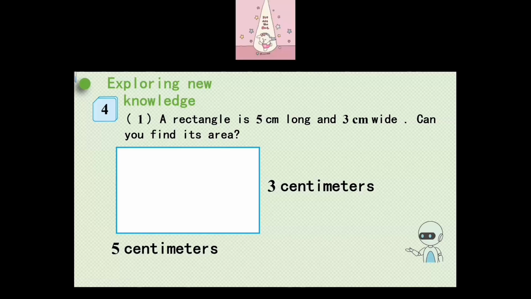Draw a grid and count row by row. Yes, that's right. Okay, I look at the chat. Measure the length and the width, then calculate. Okay, that's right. Very good.